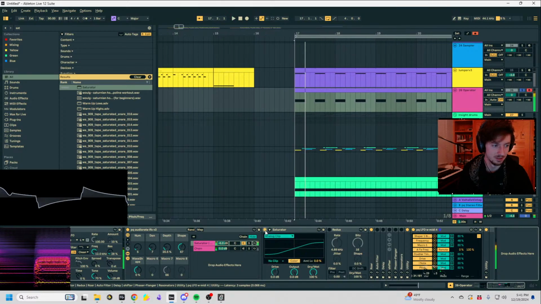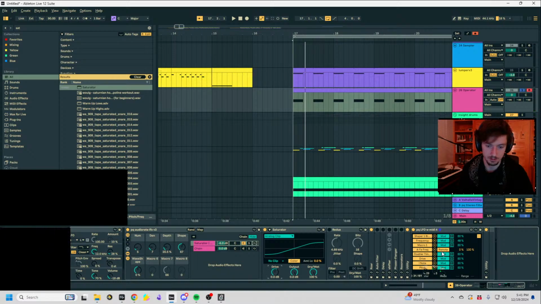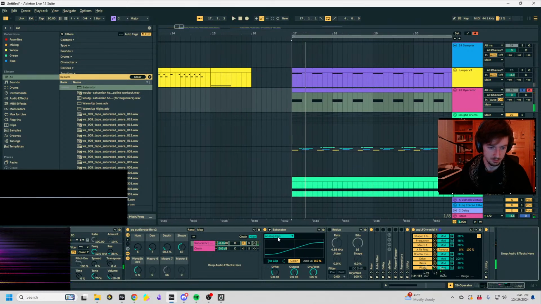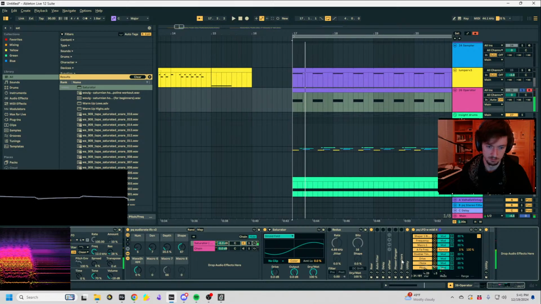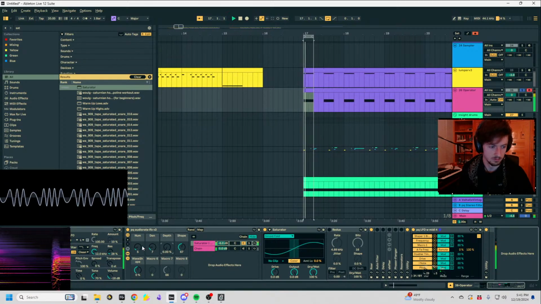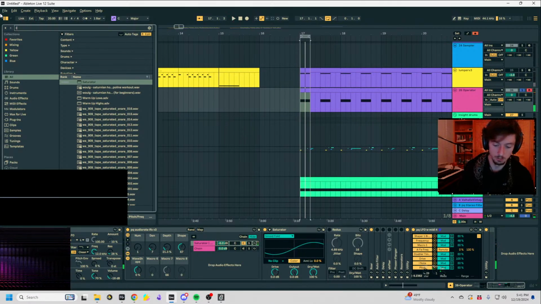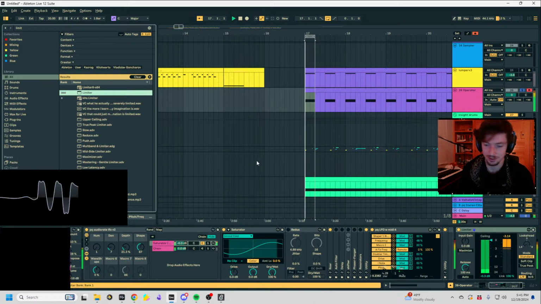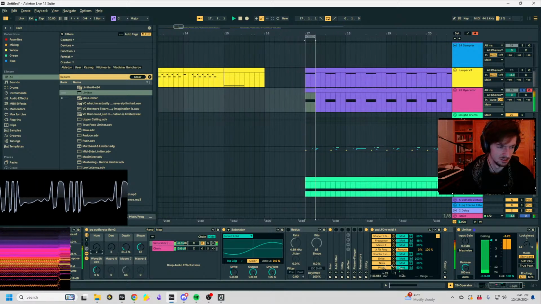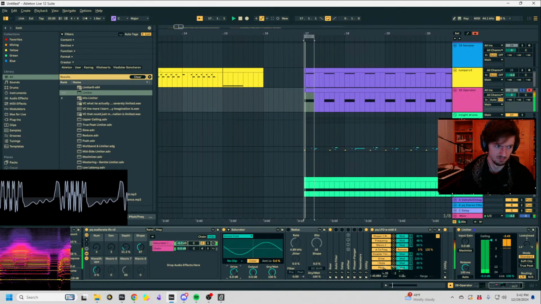That's cool. Limiter again. I keep forgetting to put limiters. That's sick.